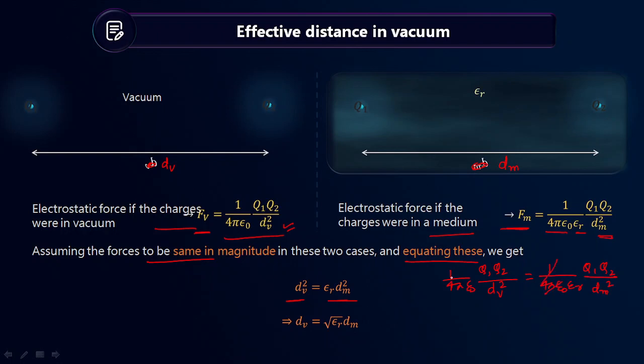The common terms cancel, and by cross multiplication we have separation in vacuum square equals epsilon r into dm square. So the separation in vacuum equals root under epsilon r times dm. This means if I want to replace the medium with vacuum, I have to replace the separation with root under epsilon r, the relative permittivity, into dm. Hope this part is clear to all of you, right?